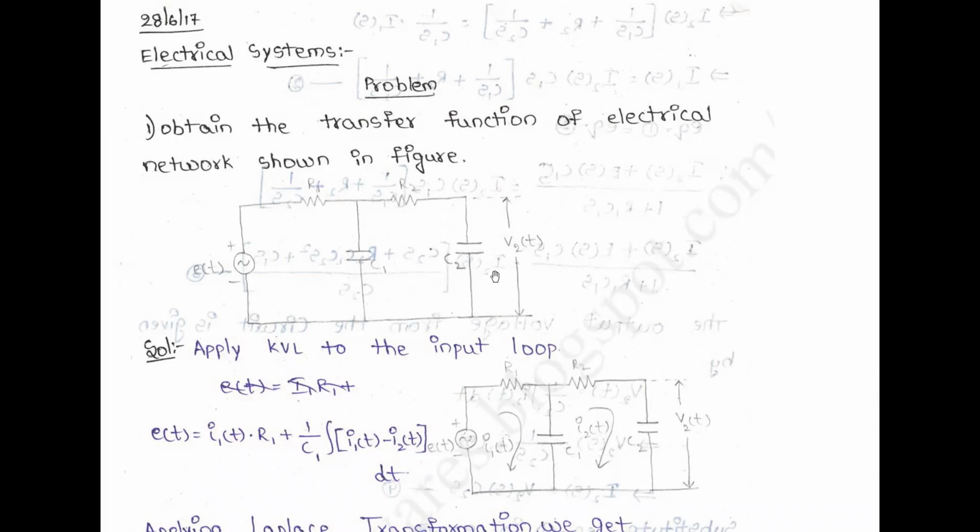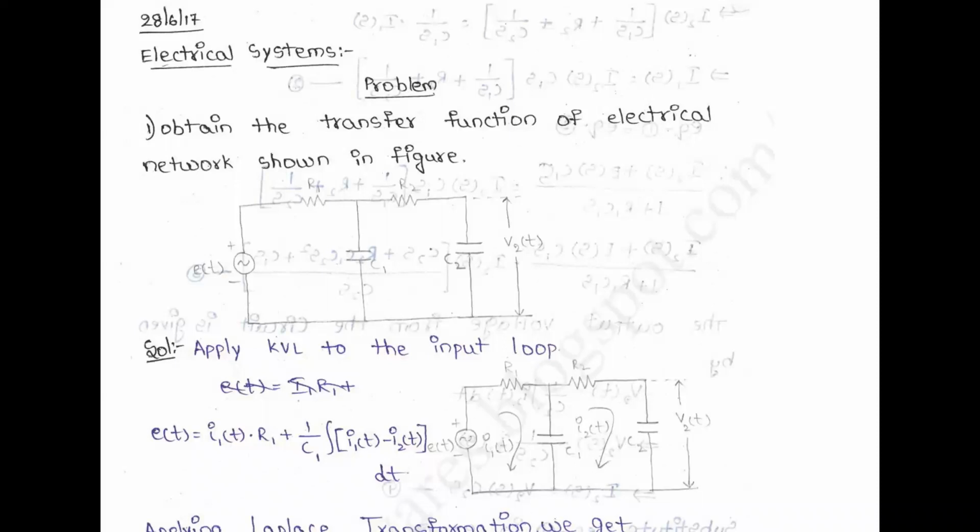The output of this network is V2(t) and the input is the applied voltage E(t). So V2(s)/E(s) is the transfer function of the given electrical network.